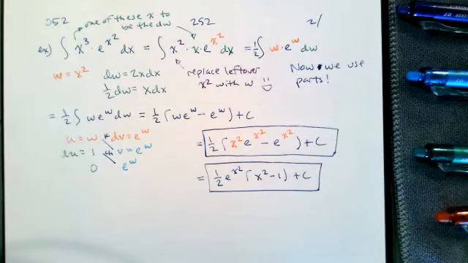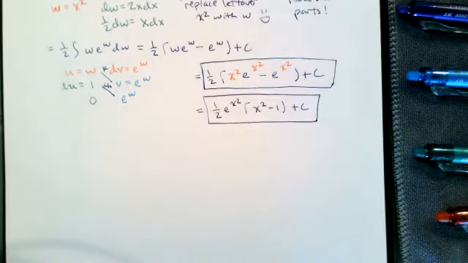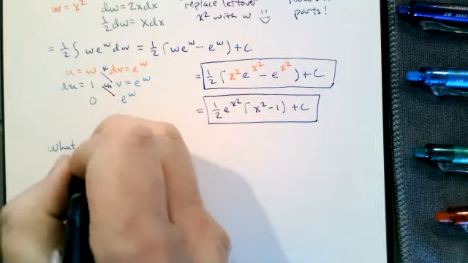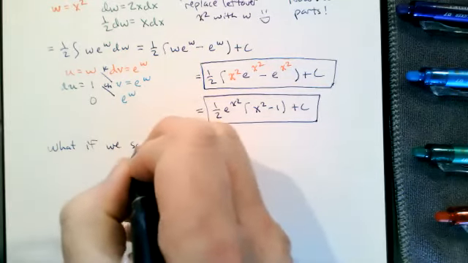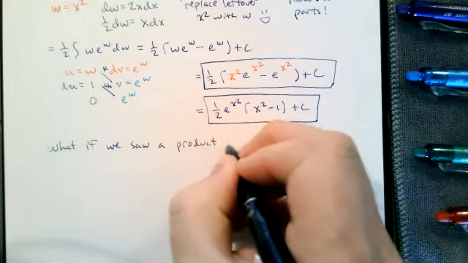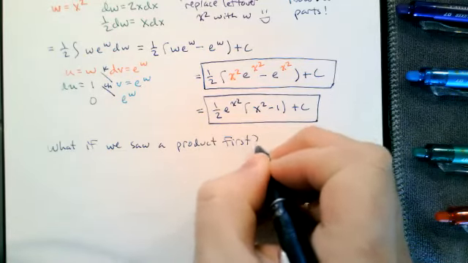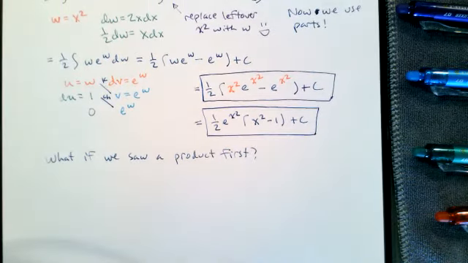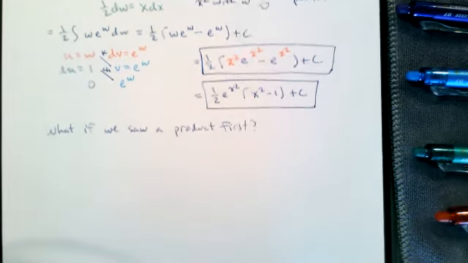So let's suppose that we saw this the other way around. What if we saw a product first? You didn't see this as a composition first, you saw it as a product first.